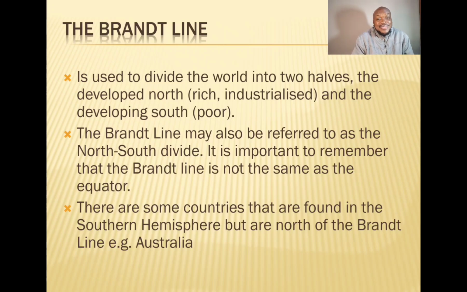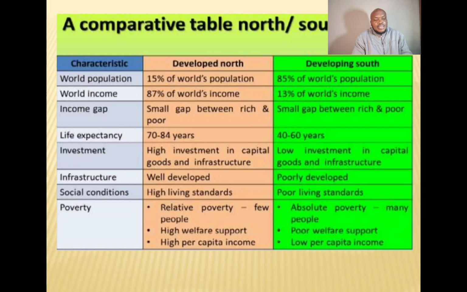Australia is found in the Southern Hemisphere, but in terms of the Brandt Line, we say it's in the North because Australia is developed and doing well economically. The countries located in the North are more economically developed when compared with the countries located in the South.